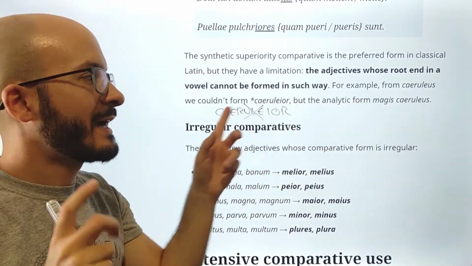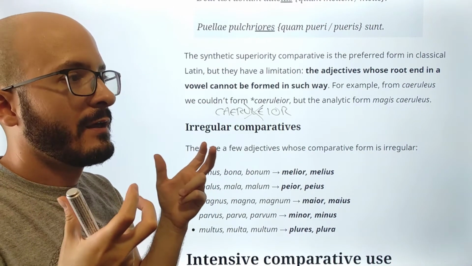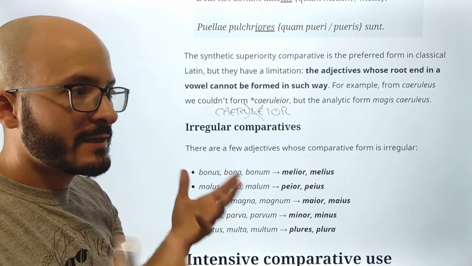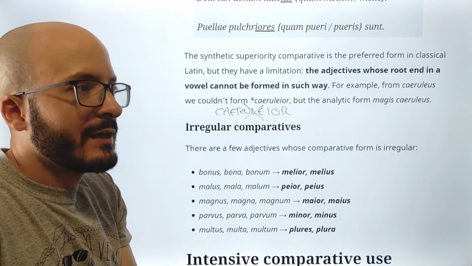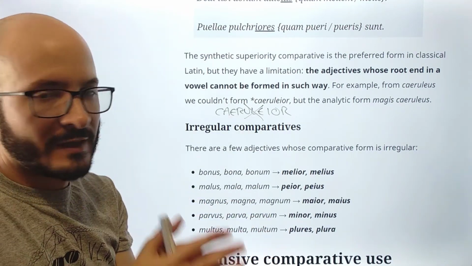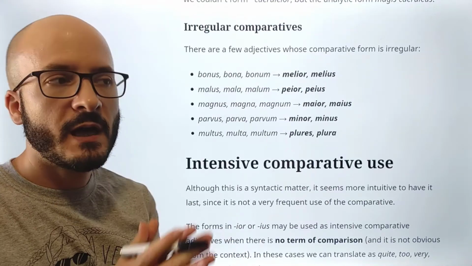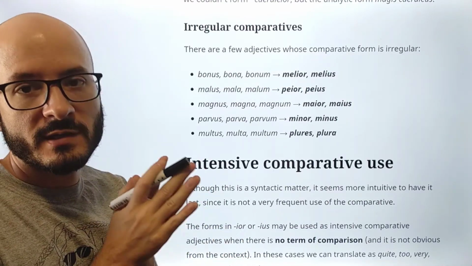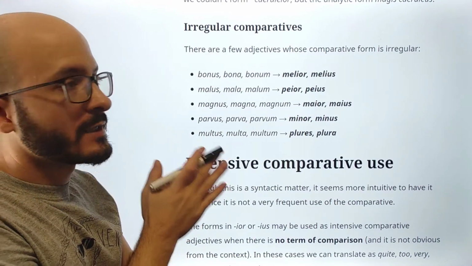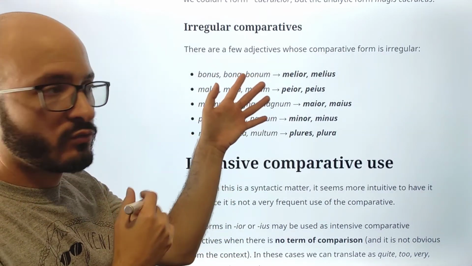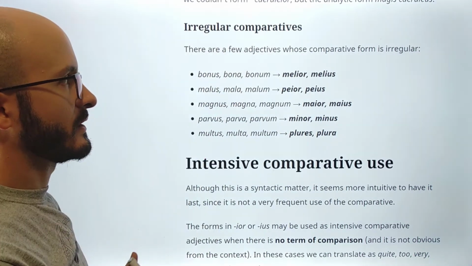Okay, this is kind of a similar limitation that you have in English. For example, you cannot say "amazinger." You have to say "more amazing" or "fantastic" or whatever. We have seen how to form most synthetic comparative forms, but of course there are some irregular comparatives, only these five, okay?